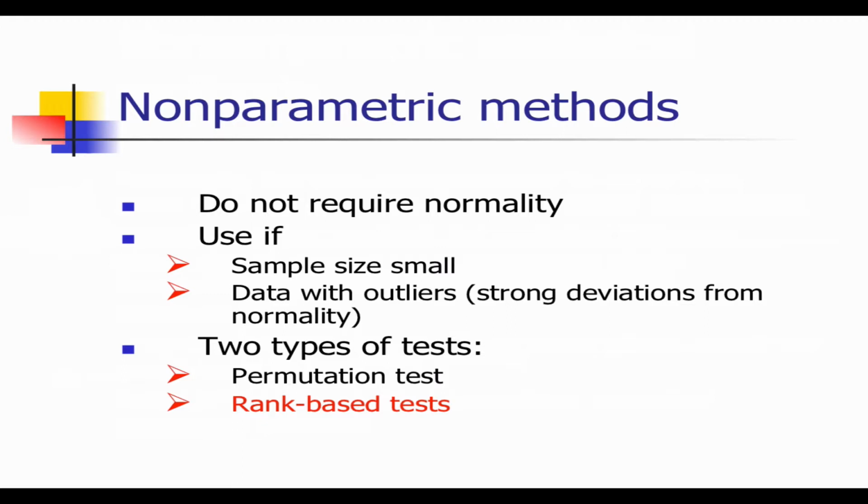You have probably heard of it quite often, especially in bioinformatics; a lot of times you use a permutation-based method. The second method is called the rank-based test. The rank-based test is the main theme that we are going to introduce, because after we introduce it today, you will see why it is less influenced by outliers or by non-normal distributions.